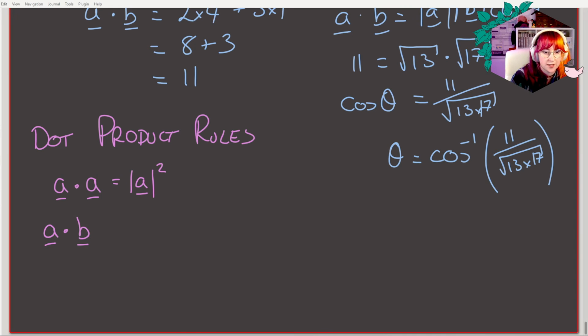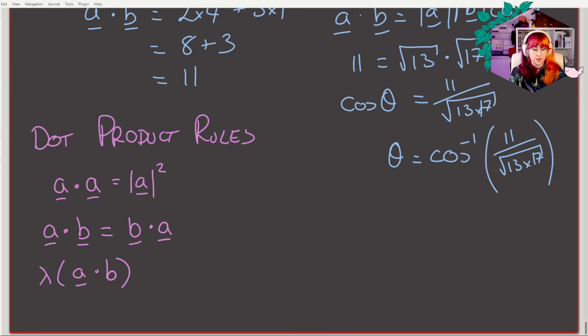Similarly, because it's a measure of angle, A dot B is the same as B dot A. For scalar value lambda, A dot B is the same as lambda A dot B. Remember, it's a measure of angle, so multiplying by a scalar doesn't matter too much, but what you don't do is take that inside. It's not distributive across the dot product. It's not lambda A dot lambda B.